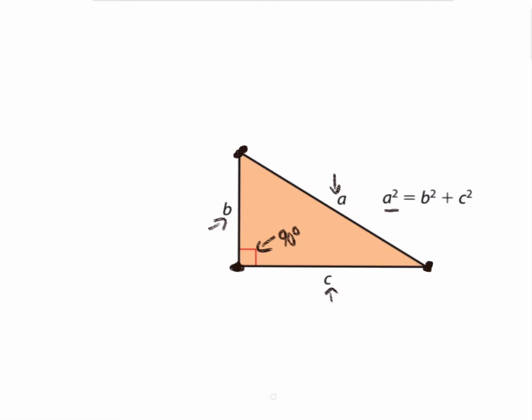So the word we use to describe the longest side is called a hypotenuse, like hippo. Hypotenuse. Okay, the hypotenuse. For short, you can just write H. Okay, so here H is A. A is the hypotenuse.